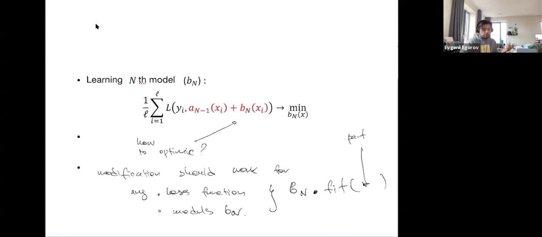Then you give me any model B_n, any loss function, I press fit, and I only modify what I put in this part. So let's make some steps to reach this.